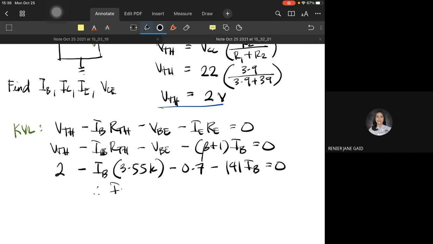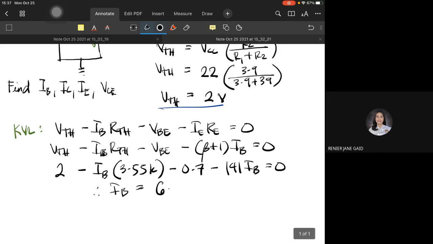Therefore, IB is equal to 6.05 microamperes.